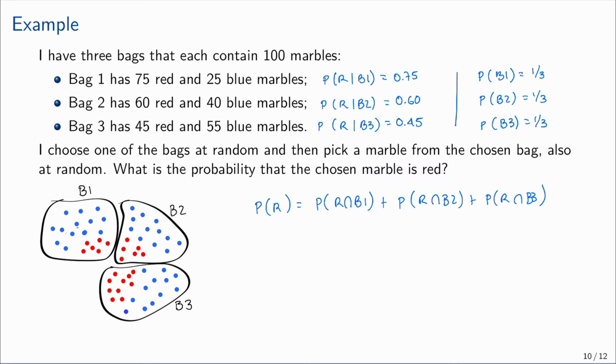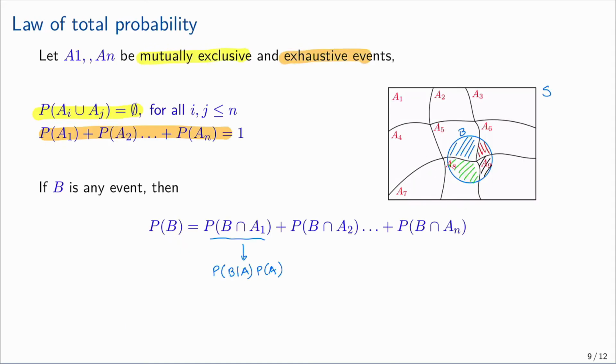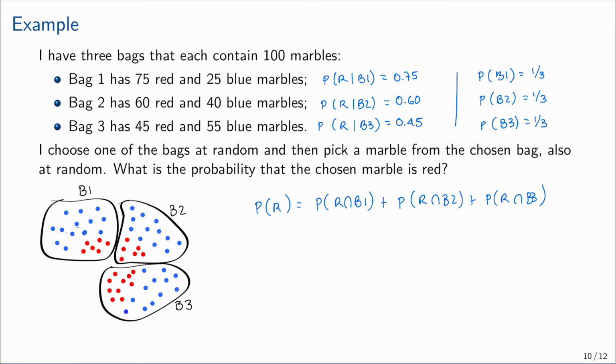Now, how do we compute these intersections? Remember that we can always write the probability of the intersection in terms of the conditional probability. So the probability of selecting red intersection with bag 1 is equal to the probability of selecting red given that we choose bag 1 multiplied by the probability of B1.